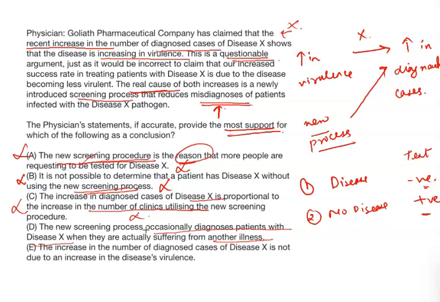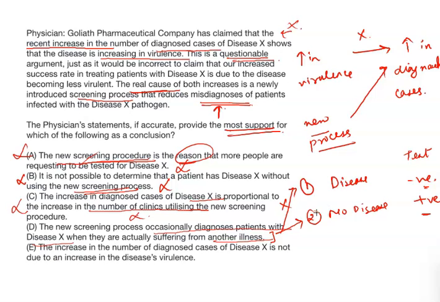Option D says that the new process diagnoses patients with disease X when they're actually suffering from other illnesses. So option D is only taking care of the second type of misdiagnosis. It is not talking about the first type. But from the information given, we are just told that the process reduces misdiagnosis.